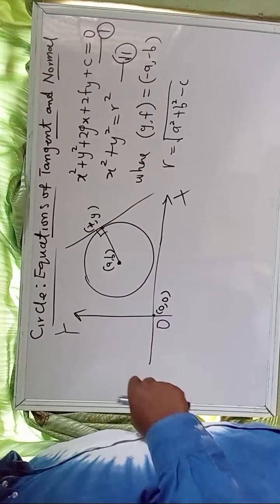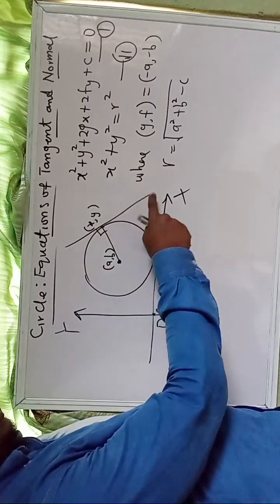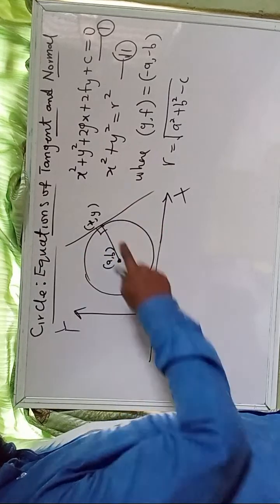So in this case, this line is the tangent line of this circle.